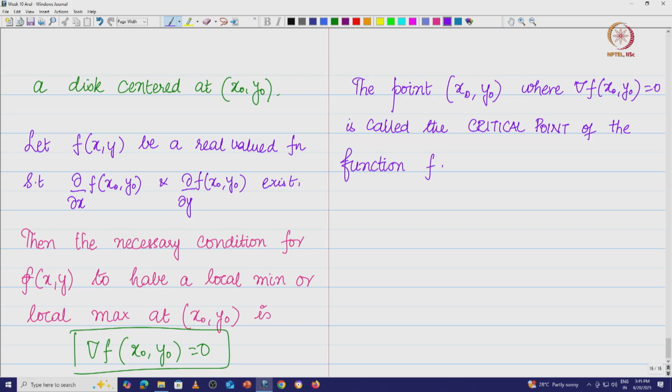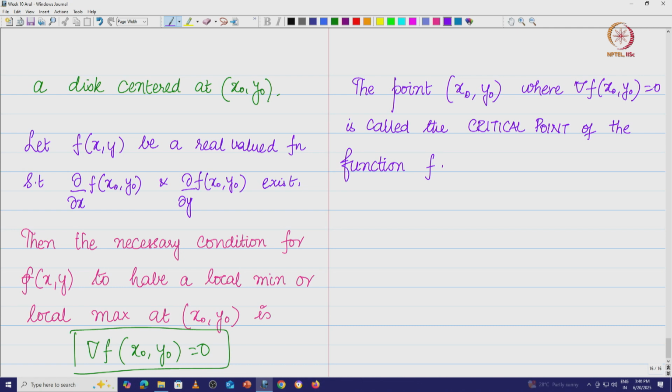You have necessary and sufficient conditions and various other things which you have studied. So gradient of f at the point x naught comma y naught equal to 0 is not always sufficient. It does not guarantee that the critical point is going to be a local minima or local maxima, and that is going to depend on a second derivative test, right.